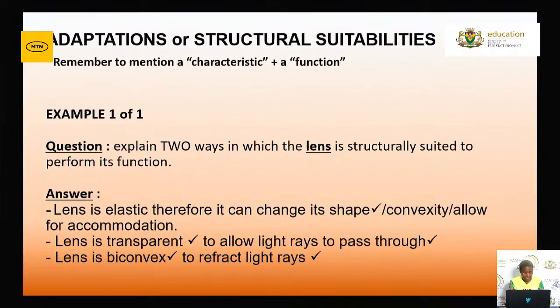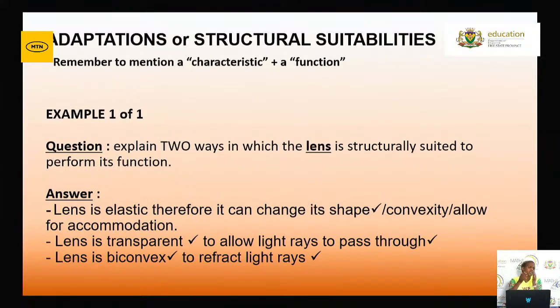This is how I will go. I will say that I have long legs. Long legs is the description or characteristic of what? Of my legs. They are long. And then what is the advantage of these legs being long? Now I explain: they enable me to walk or to run very fast.